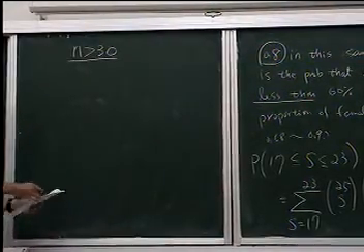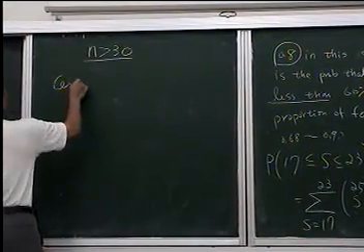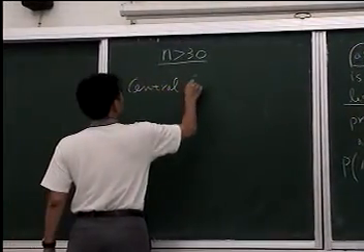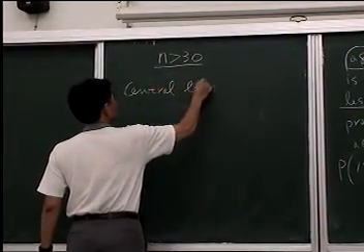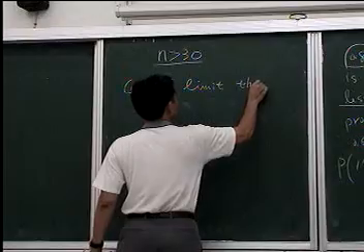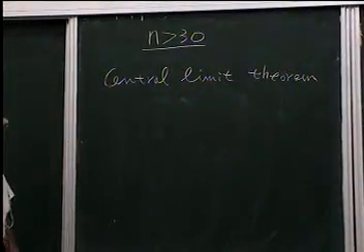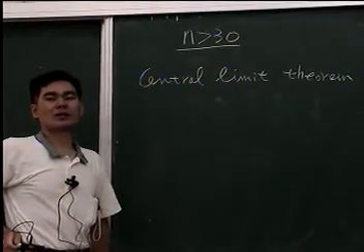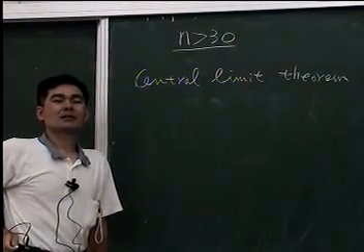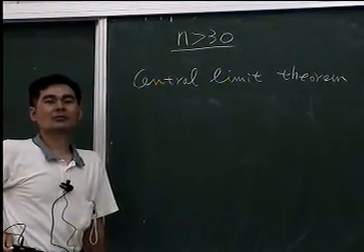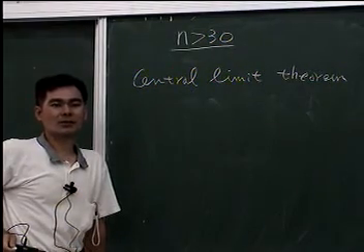Okay? It is called the central limit theorem. What does the central limit theorem tell us? It doesn't matter what kind of distribution the population is.